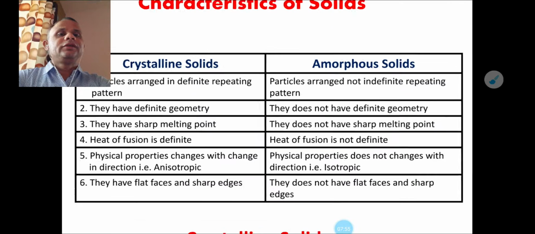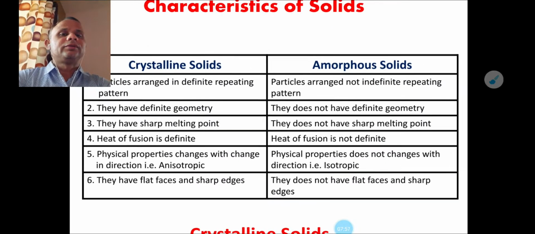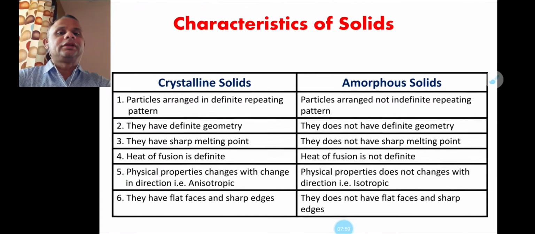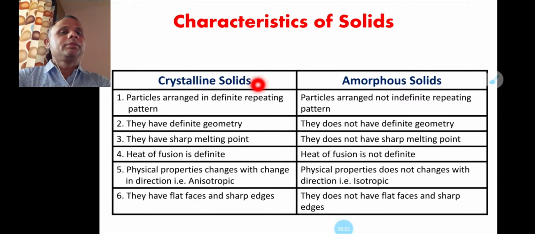These are the properties of crystalline and amorphous solids. In a crystalline solid, particles are arranged in a definite repeating pattern. In an amorphous solid, there is an indefinite pattern. Crystalline solids have definite geometry, that means simple cubic, hexagonal, triclinic, monoclinic, a definite or specific geometry of the crystal.